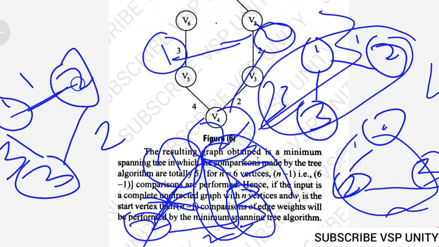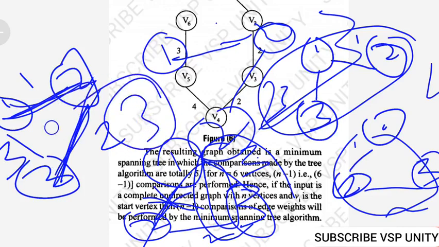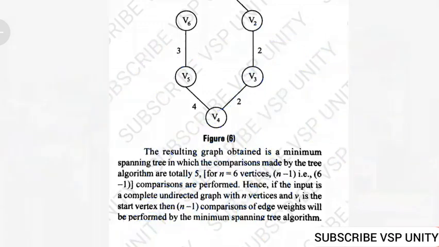The sum of the path values will be 3, and it has all the vertices of your graph. In this way, we select the minimum spanning tree. To get the minimum spanning tree, we have 2 methods: one is Prim's algorithm, and the other is Kruskal's algorithm.